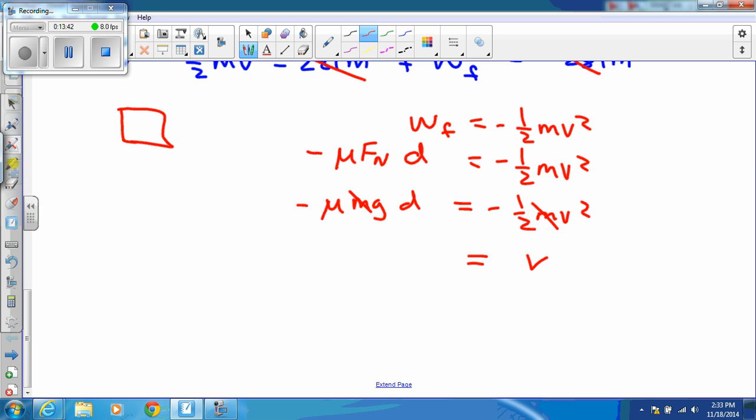And so we know the value of V right there at the bottom. So we have 1/2 times 20.9 squared equals 0.09 times 10 times D. And the D that you get is going to be pretty large.